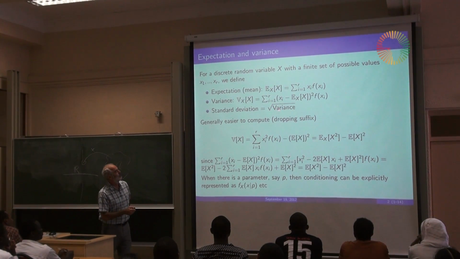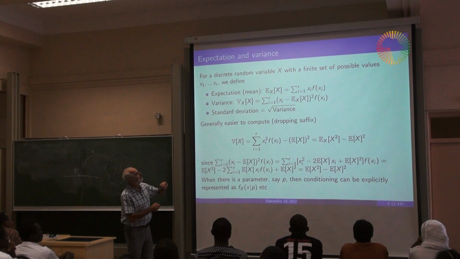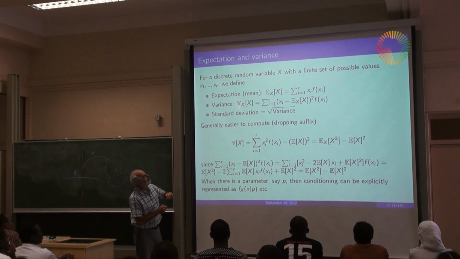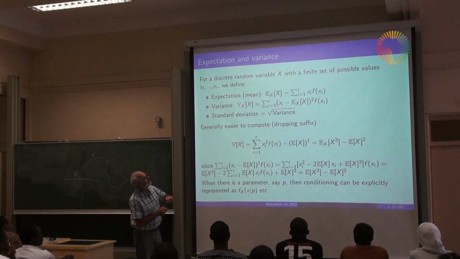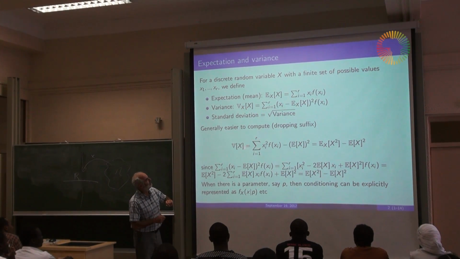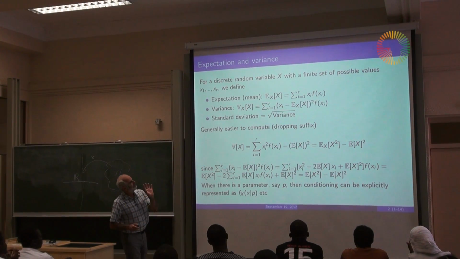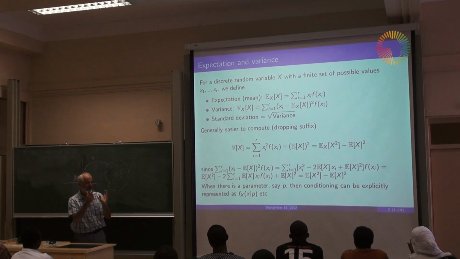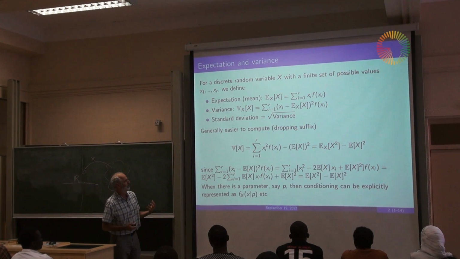Standard deviation is the square root of the variance. Now, sometimes I put in a suffix there, but often we can leave it out. Sometimes it's useful to be clear what random variable we're talking about.